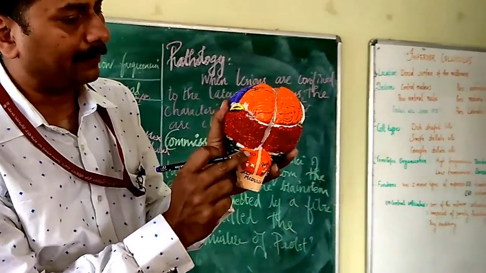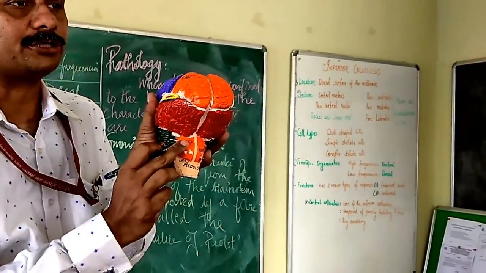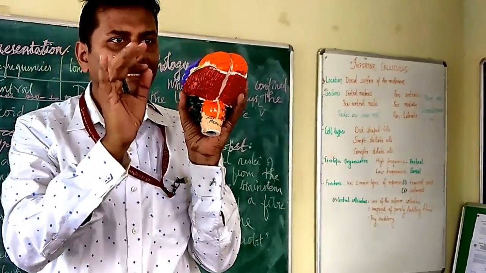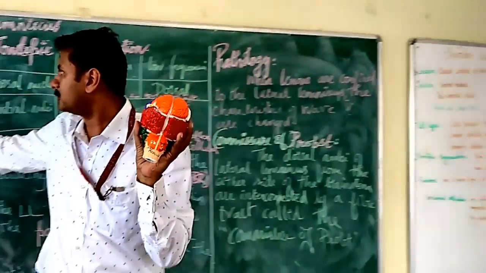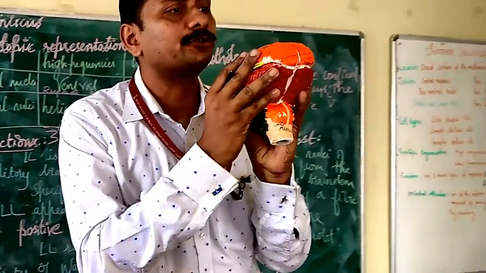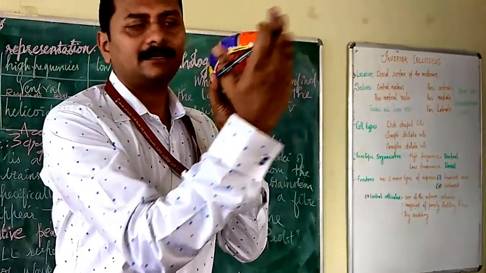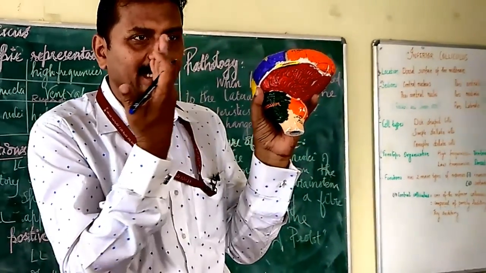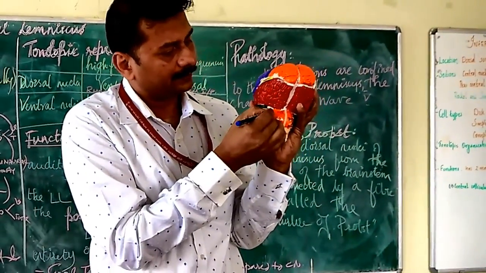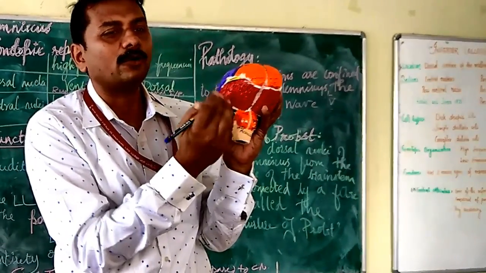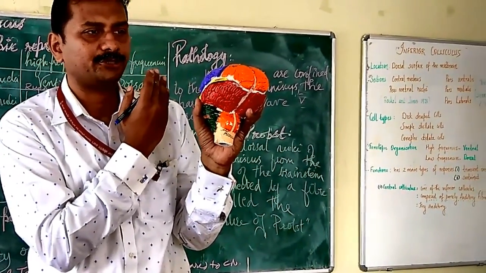This upper portion of the pons contains the lateral lemniscus, which is located posterolaterally, which means what? Posterior means this is anterior, so it will be located posteriorly, and laterally means towards the side, so it will be more towards this side and more behind, posterolaterally.